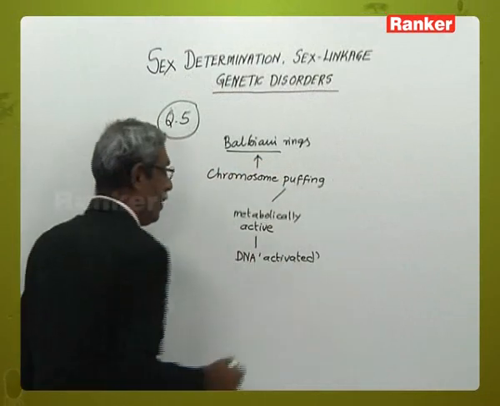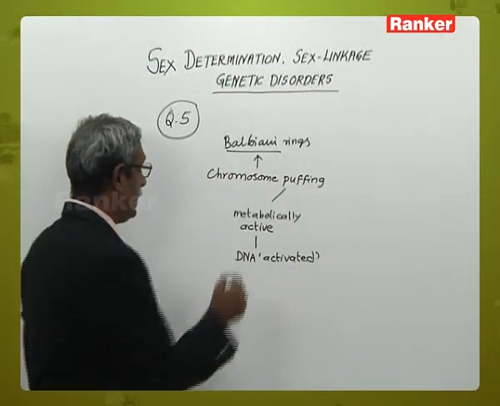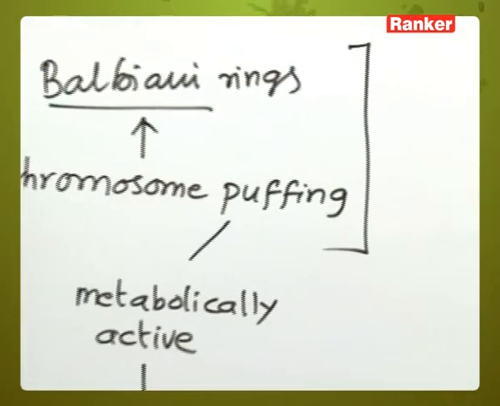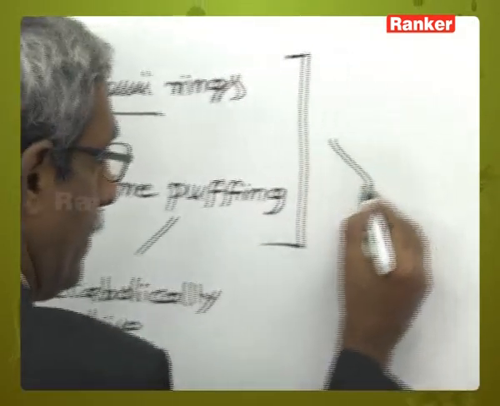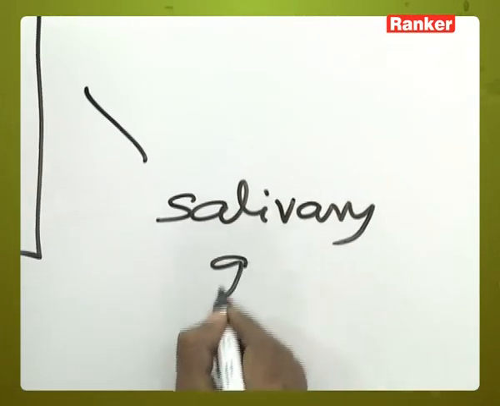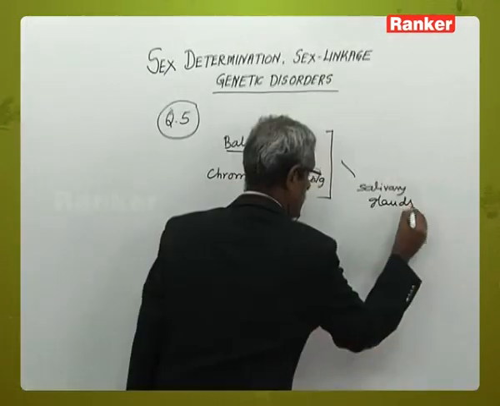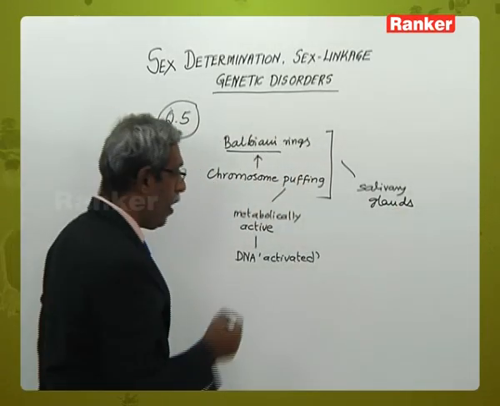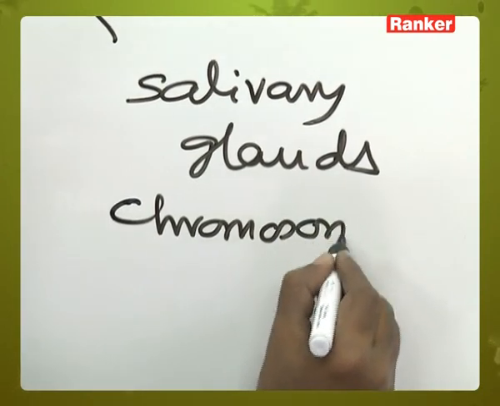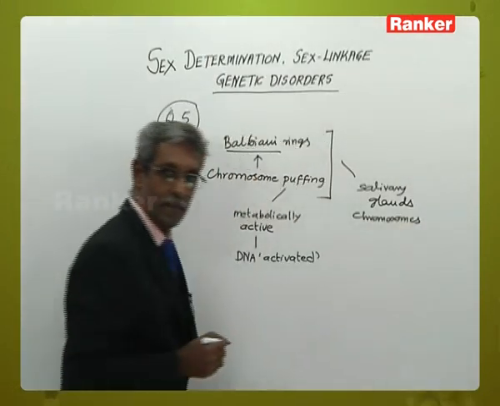Balbiani rings or chromosome puffing, and this sort of an extension, this sort of a character of puffing is normally seen in the salivary glands of the chromosomes of insects.